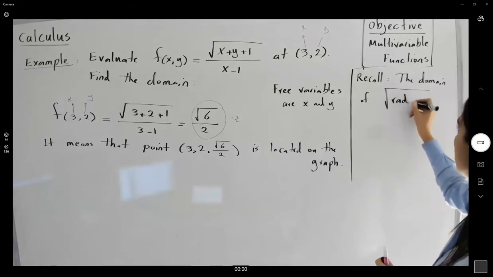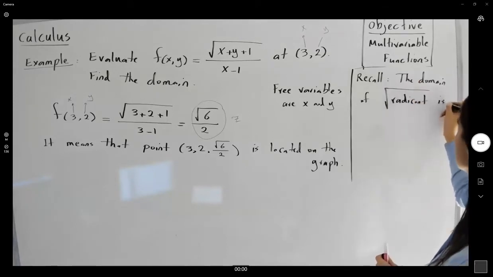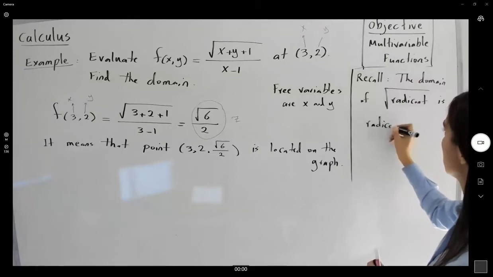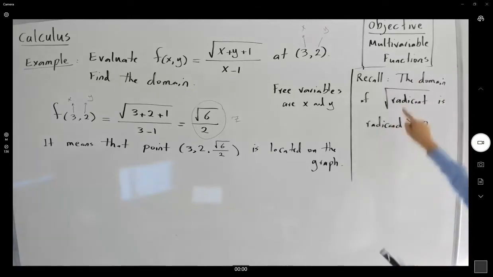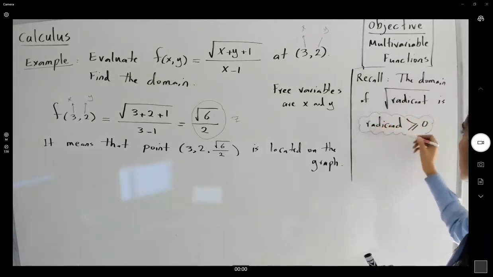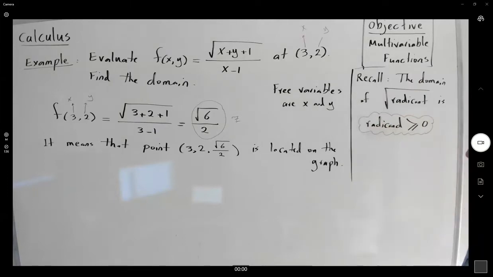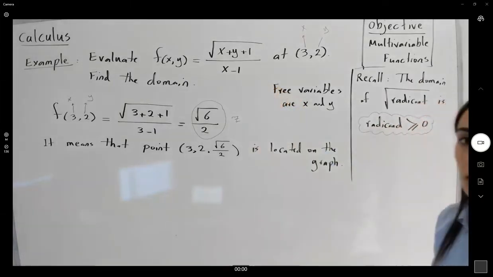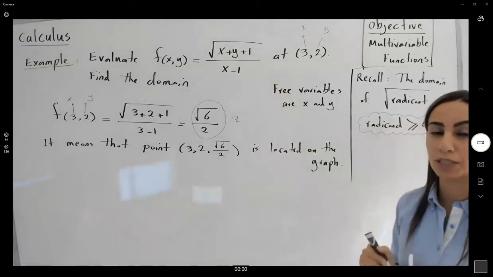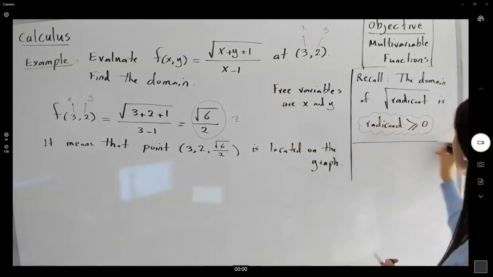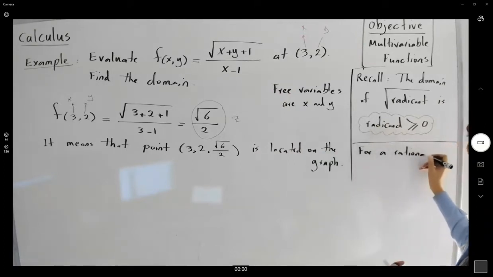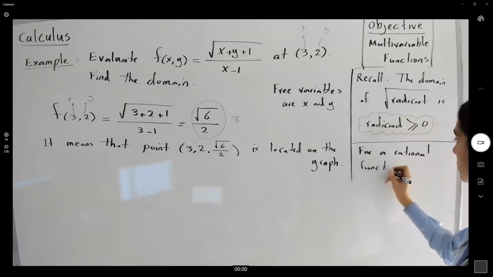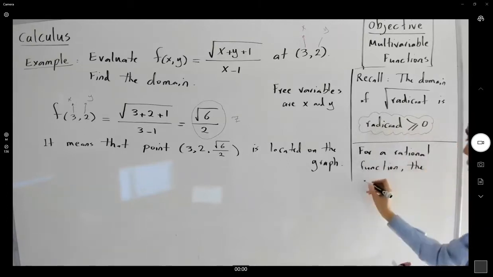Inside you have the radicand. Is the radicand greater than or equal to 0? So whatever is inside the radical, we're going to take that and set it greater than or equal to 0. Also note that you have something on the denominator. For a rational function, the denominator cannot be 0.